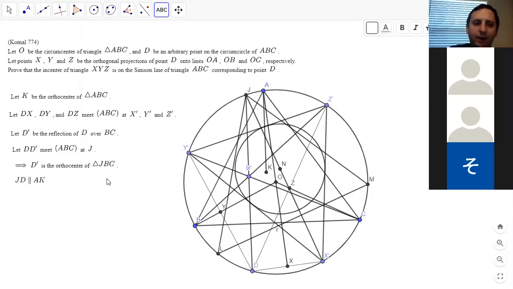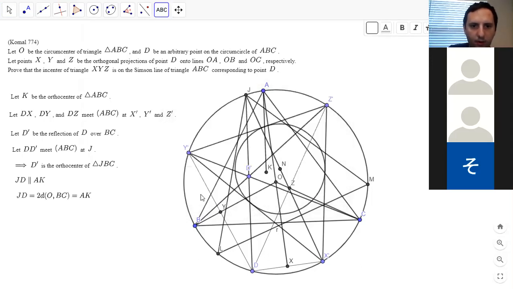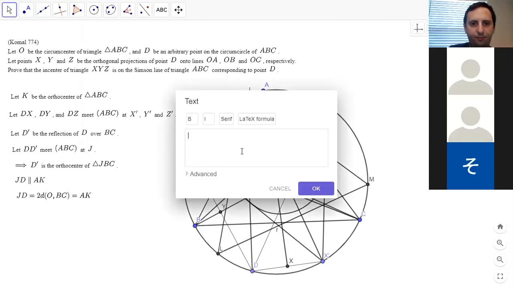Yeah, we used the same idea last session. So AJD prime K is a parallelogram.